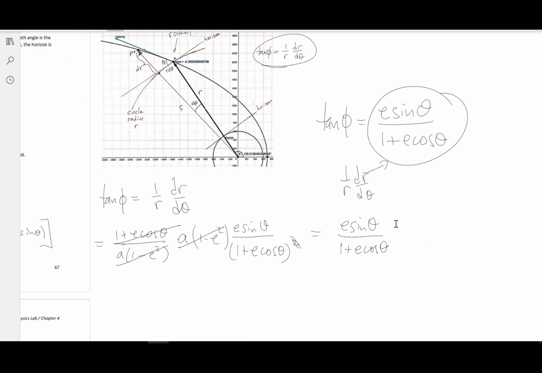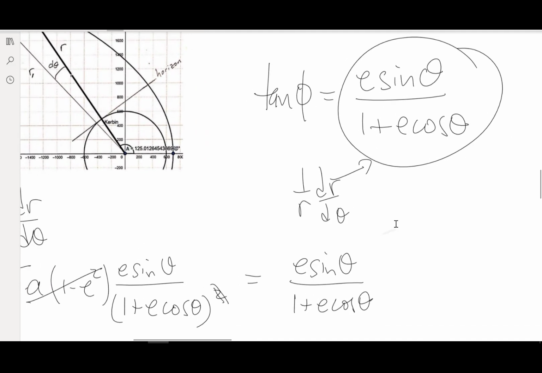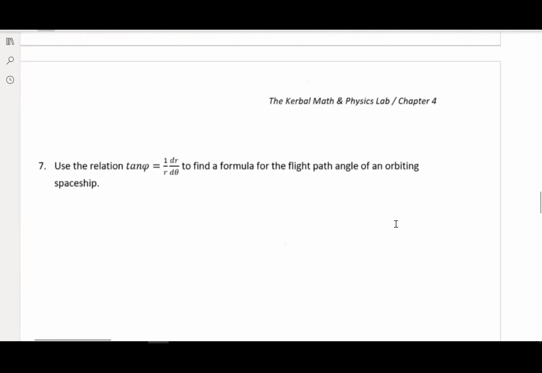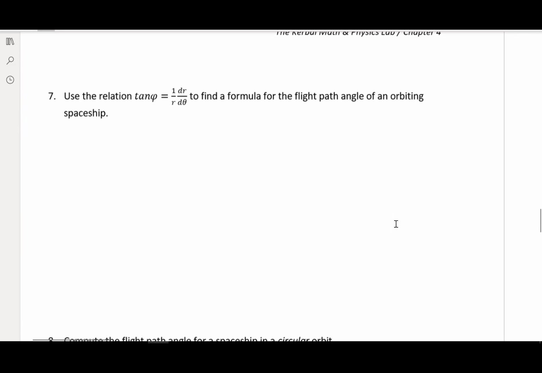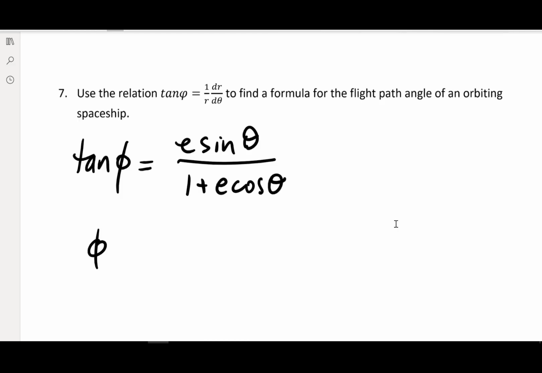And the reason that's important is because that's equal to the tangent of the flight path angle. So when I go back to number 7 now, use the relationship that the tangent of phi is 1 over r dr d theta to find a formula for the flight path angle of an orbiting spaceship. So first we write what we just concluded, that the tangent of phi is e sine theta over 1 plus e cos theta, and now you can solve for phi.